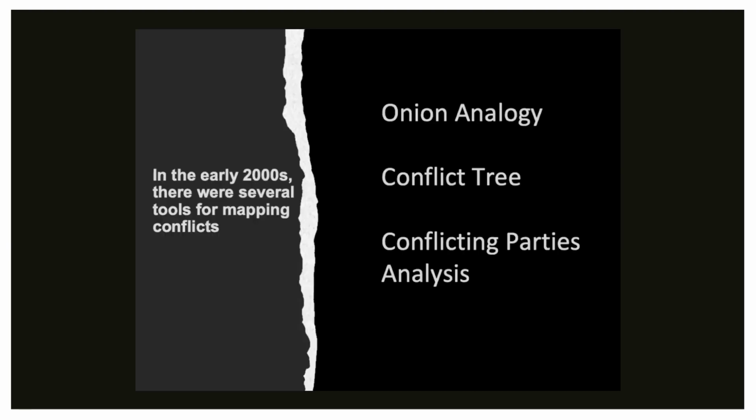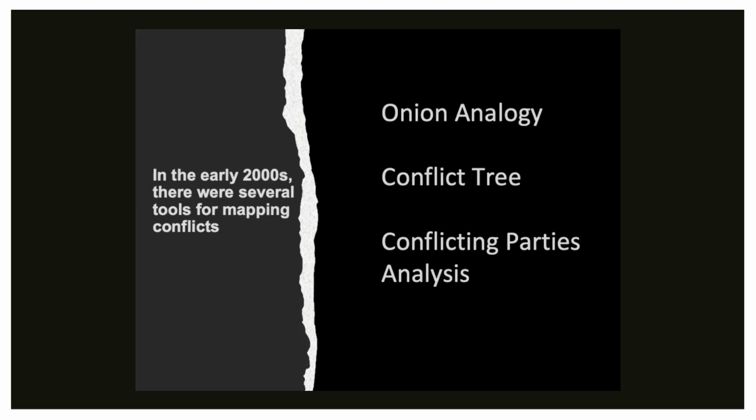When I started in 2000 as a peace builder in Maluku, in the early 2000s, I found several tools for mapping conflict. Because when I was going to Maluku, I needed tools to analyze the situation, the actors, and the source of conflict.